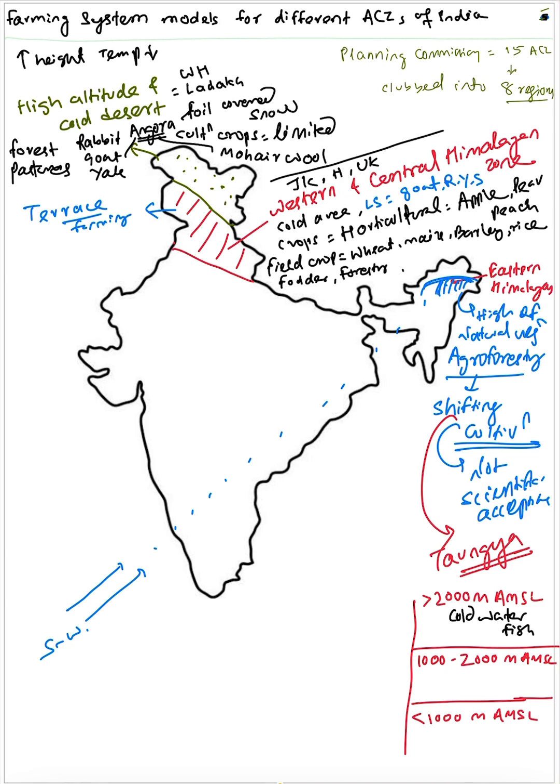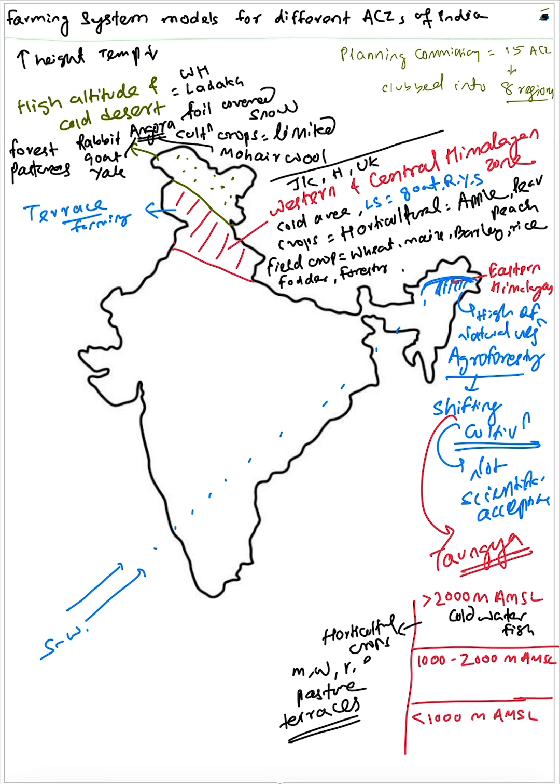And because of high altitude in these regions, we are majorly going for horticultural crops, and some other crops like maize, wheat, rice, pulses or any pasture, but these should be under terraces.